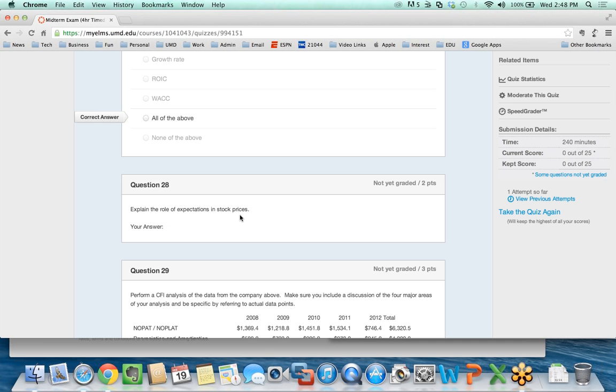That's really core to what I am going to be looking for in the answers. And then in addition, it would be nice if you said something like, as expectations change, it will change the expected cash flows of the firm, and therefore it will change the ultimate value of the firm. And that's actually one of the reasons why I chose Coke as a company to value today, given that their growth is starting to disappoint investors and it is changing their prospects for valuation in the future.